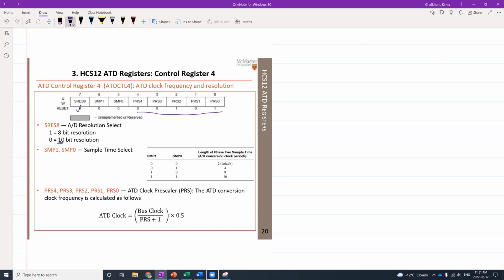Now, here is how you can calculate the analog to digital clock. And also, the conversion frequency must be between, again, 500 kilohertz and 2 megahertz. This is what I have already discussed.